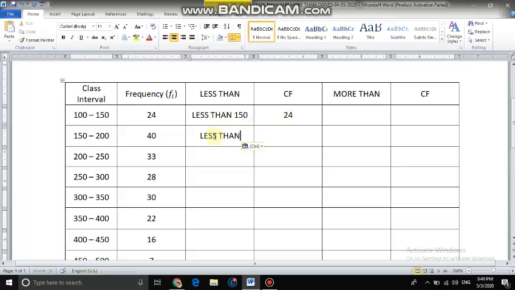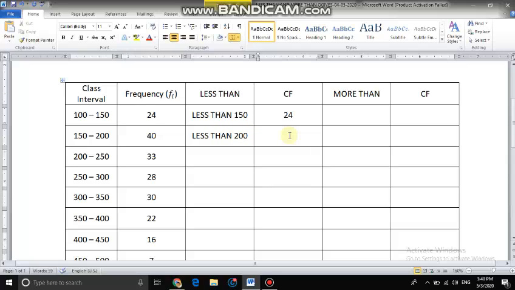Now if I say less than 200, you have to be careful. Less than 200 includes the amounts from 0 to 200. If I spend 102 rupees, that is also less than 200.